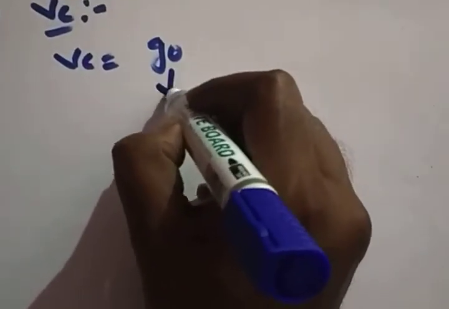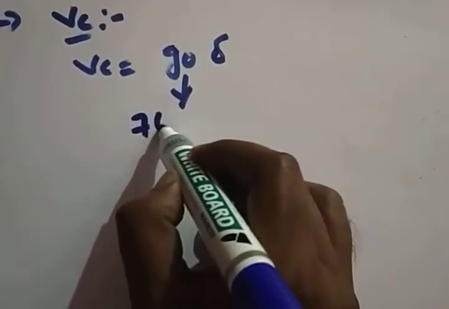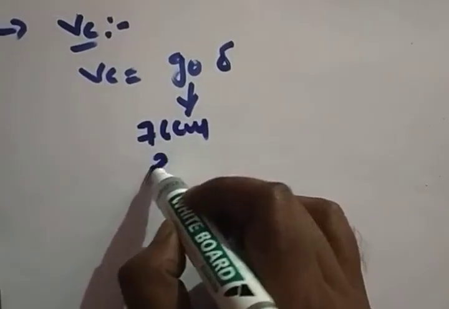So G naught. Why are we calculating G naught? It is the potential gradient at which the corona takes place, at which the breakdown occurs. Why are we calling it delta? Delta means air density factor. Why are we taking the air density factor? Your G naught you are considering for 76 centimeters of pressure and 25 degrees.